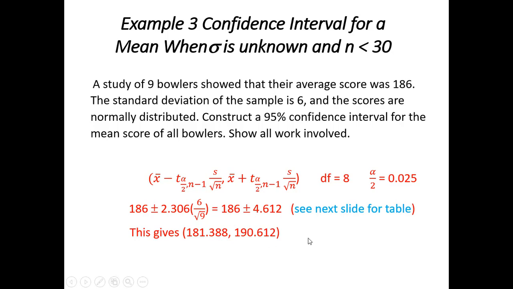So our 95% confidence interval is 181.388 to 190.612. So the thinking here should be that there's a 95% probability that the true mean is somewhere in this interval.